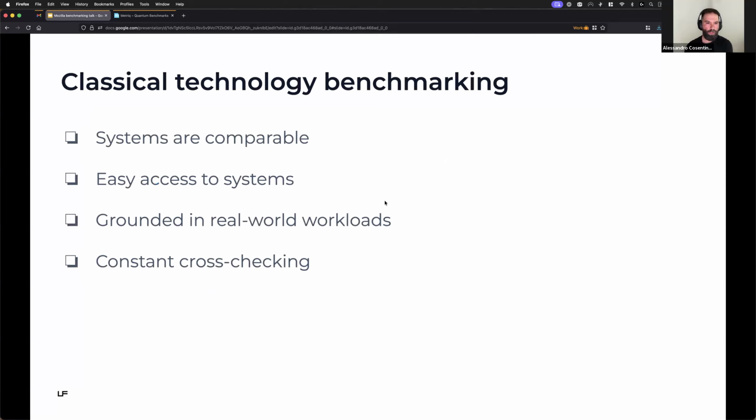So a bit about classical benchmarking. Here by classical technology, I mean the broad set of computer systems that are not quantum, and all the software, all the things that you can run on top of these machines.